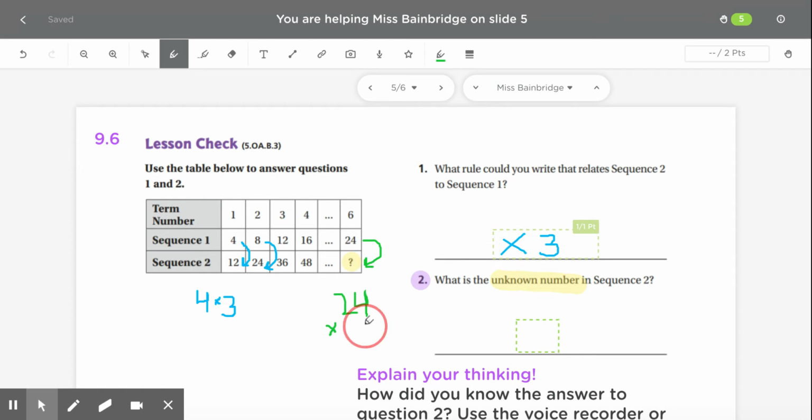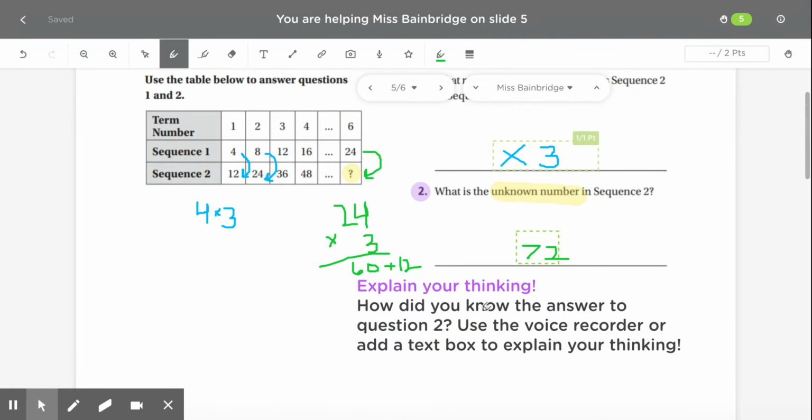You could break this apart mentally, and I might do, well, 20 times 3 is 60, and 3 times 4 is 12, so 60 plus 12 gets me 72. Okay, then thank you for explaining your work. I saw people typing or using that voice recorder.